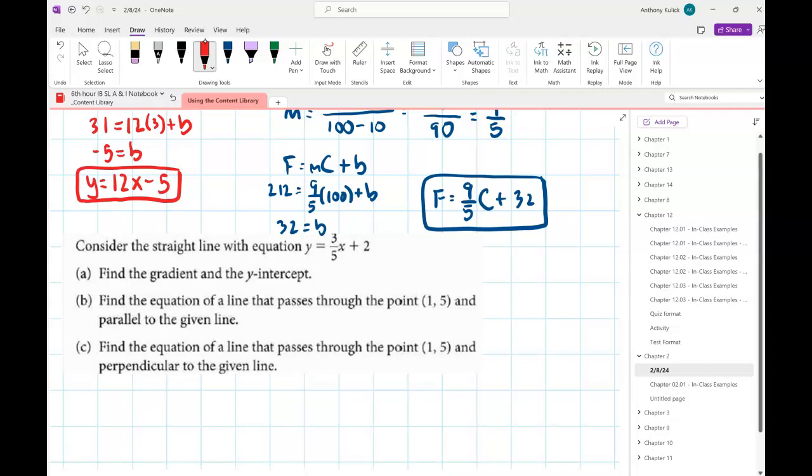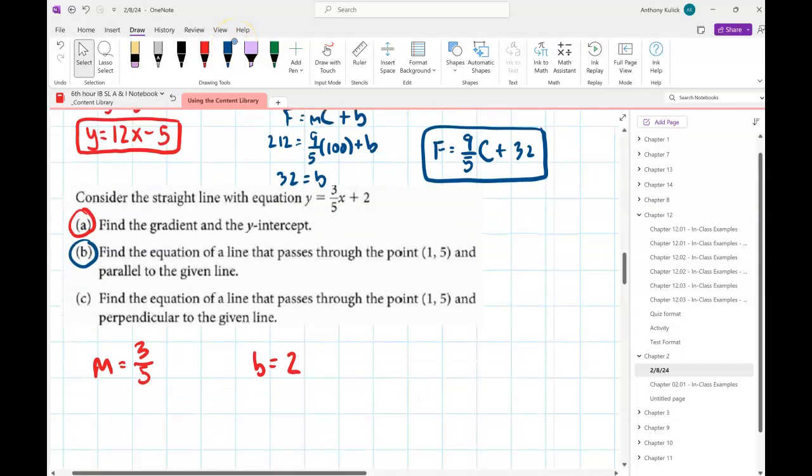Let's say we have the equation y equals 3/5 x plus 2. What is the slope and y-intercept? Great.